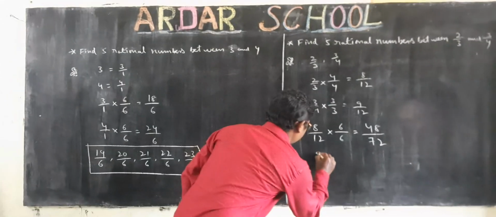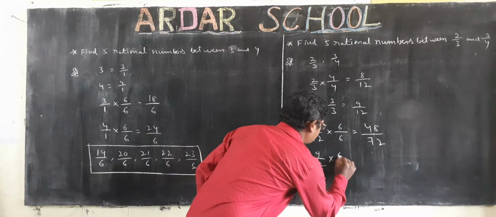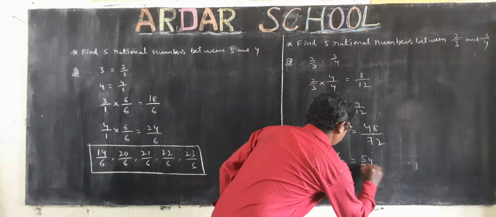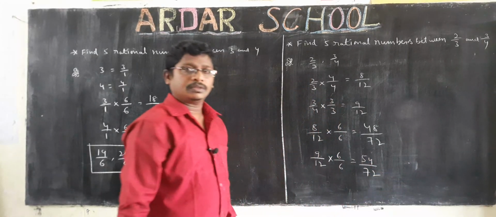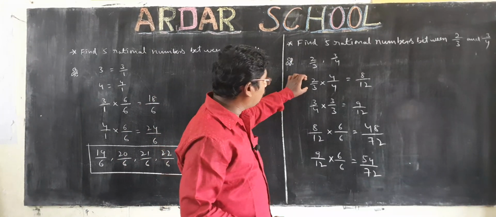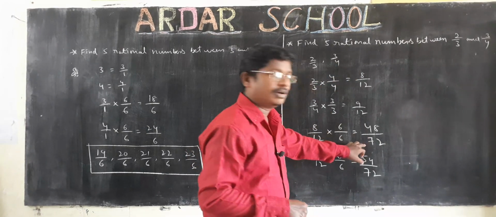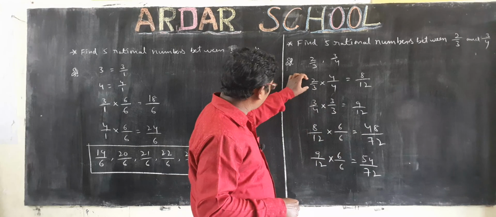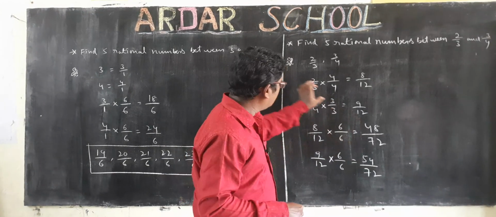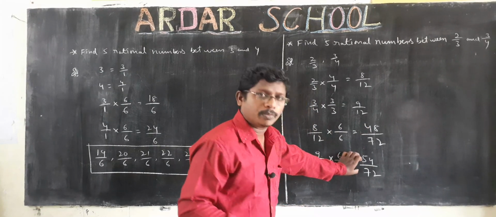Next, 9 by 12 also has to be multiplied by 6 by 6: 6 nines are 54, so 54 by 72. So 2 by 3 is equal to 8 by 12 and also equal to 48 by 72. These are equivalent fractions. In the same way, 3 by 4 is equal to 54 by 72.